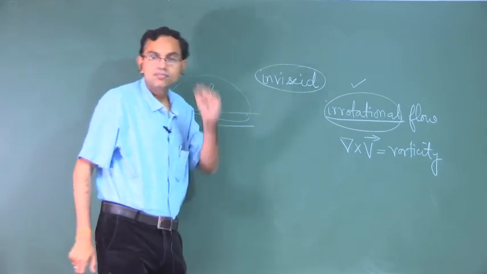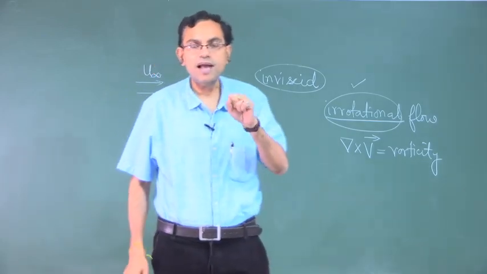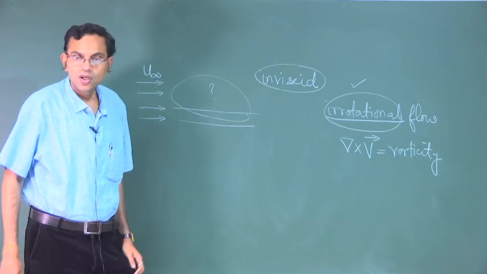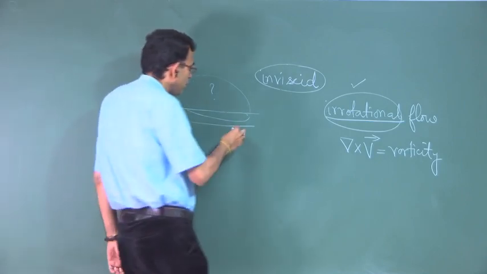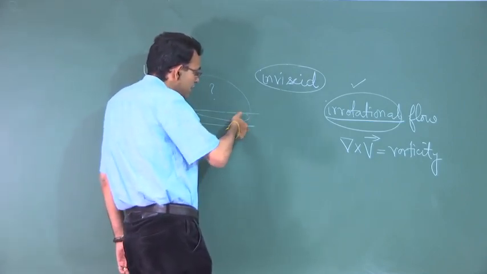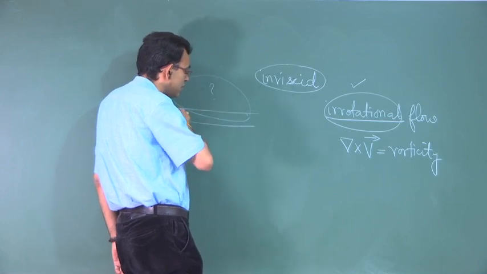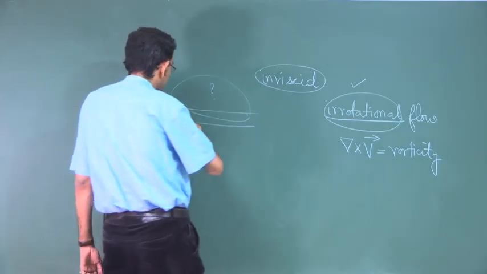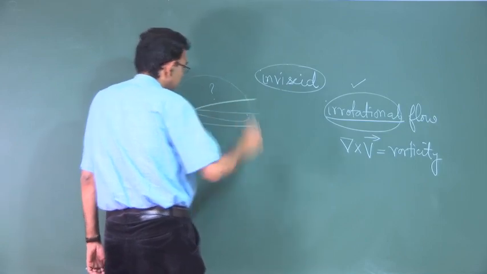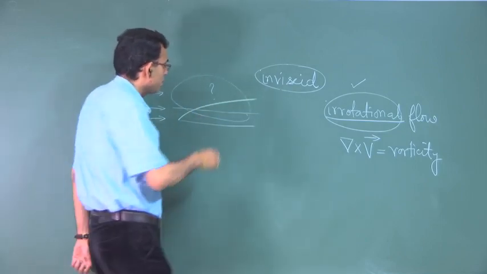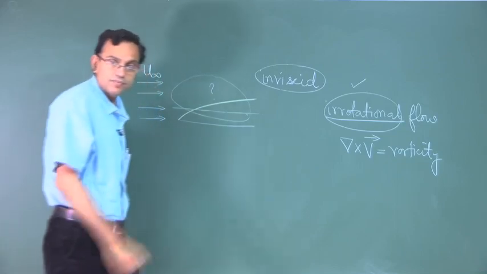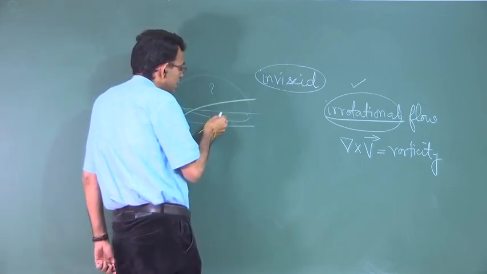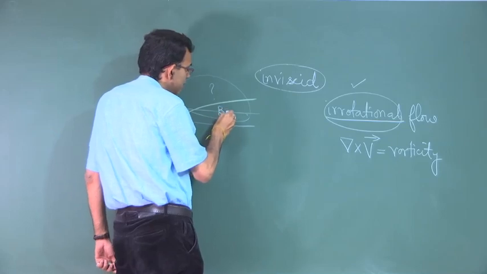Let us assume for the time being that this flow is a high Reynolds number flow. So, if it is a high Reynolds number flow, the layer within which the viscous effect is important, of course this layer is not a horizontal line like this, but it grows like this. But outside this layer, what happens is, this is called the boundary layer.